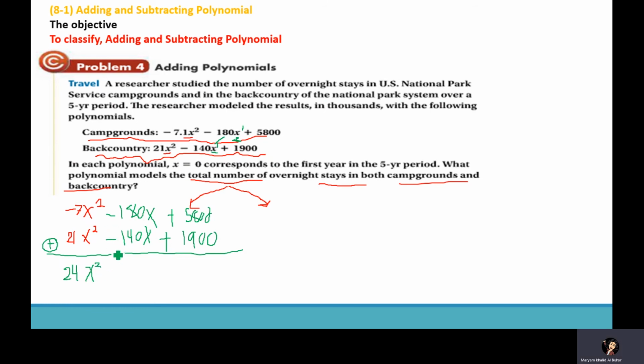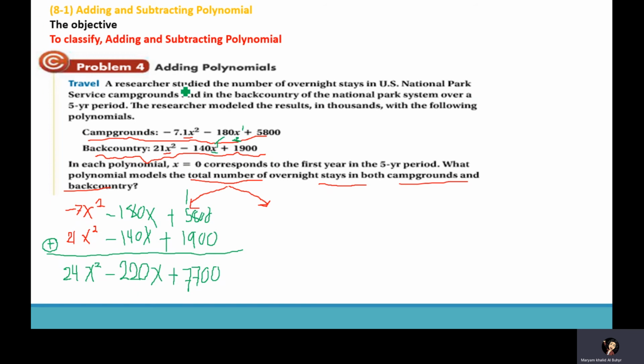These two, negative and negative, addition, 180 and 140, so that will be minus 320 x. Then just add these two numbers, 5080 and 1900, and that will be 6980. So that will be this one.